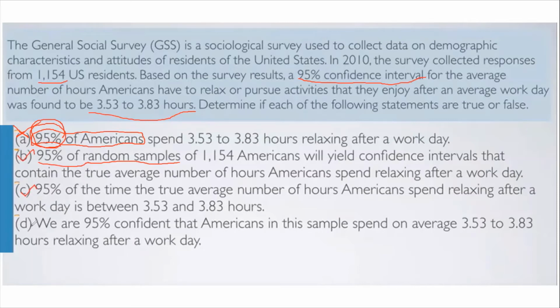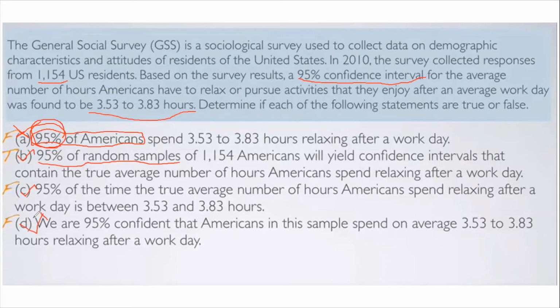And number D: we are 95% confident that Americans in this sample spend on average 3.53 to 3.83 hours relaxing after a work day. Wait a minute, I think C is correct. Okay, I see. D.